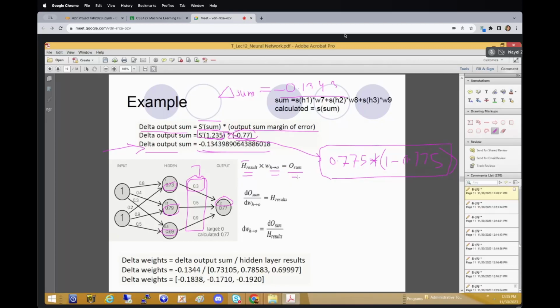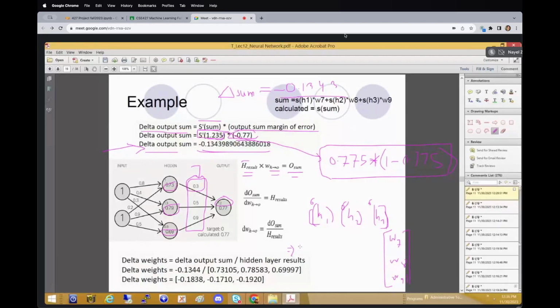Actually, we got the output sum. The hidden layer results are h1, h2 and h3, and the hidden to output weights are w7, w8 and w9. We multiplied these, but not h1 itself, it is sigmoid of h1, sigmoid of h2 and sigmoid of h3.